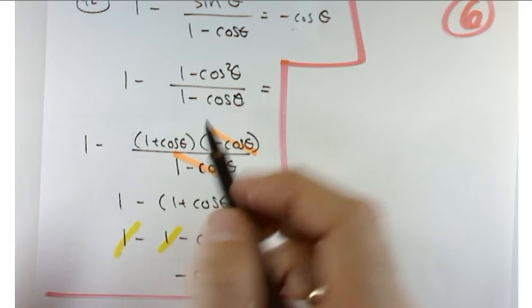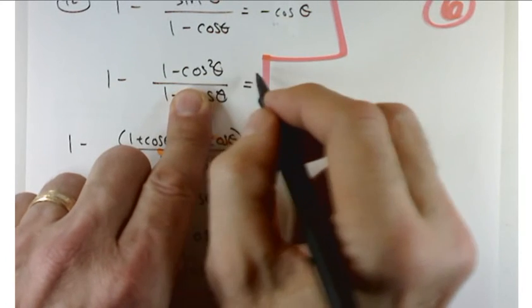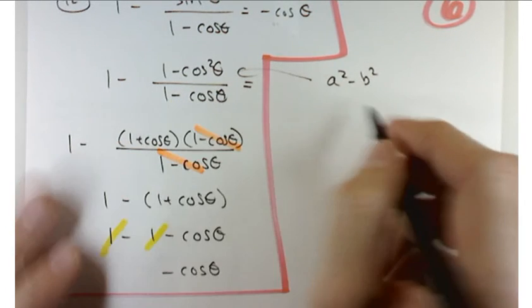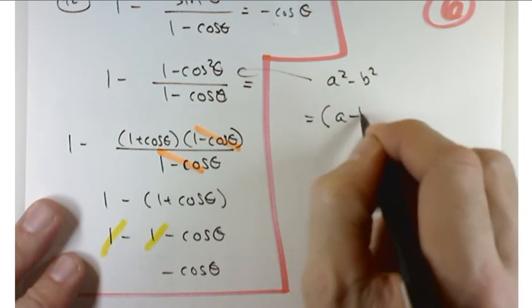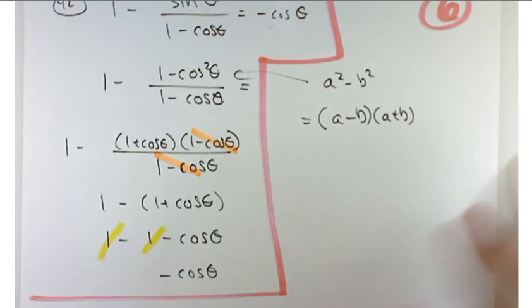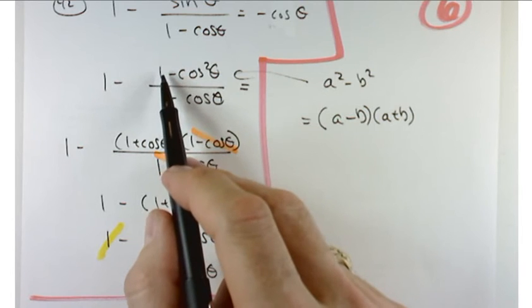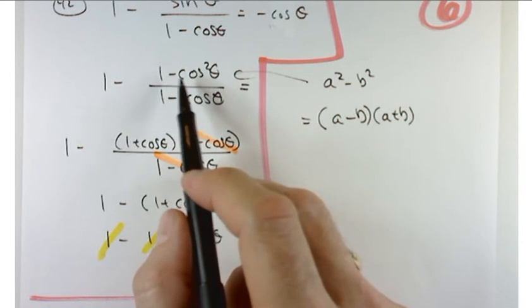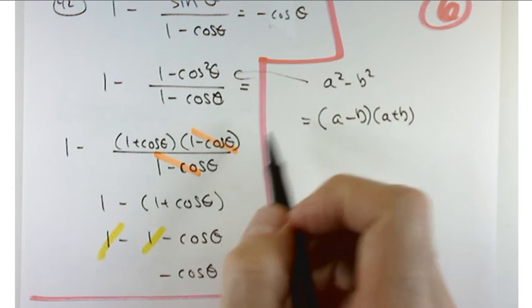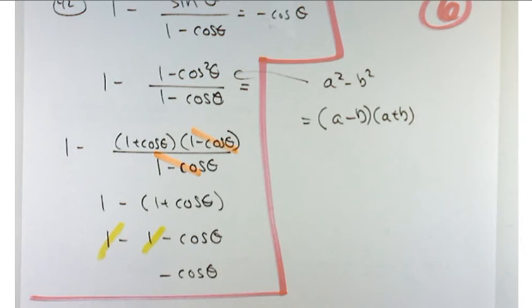So what we did is we factored this. Essentially, we regarded the numerator as being a special case of a squared minus b squared. That factors into a minus b times a plus b. So my a is 1, my b is cosine of theta, because I got 1 squared minus cosine squared. I've had the difference of 2 squares. So that's the idea that I'm using there.